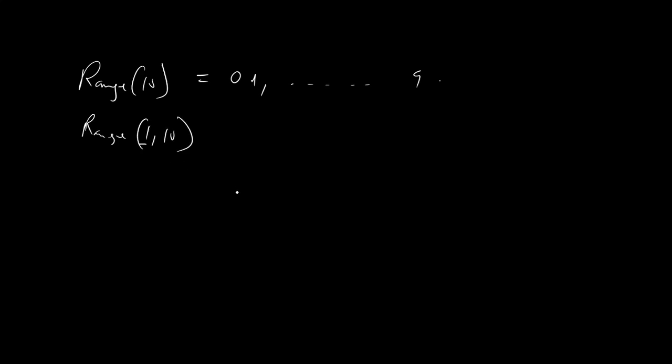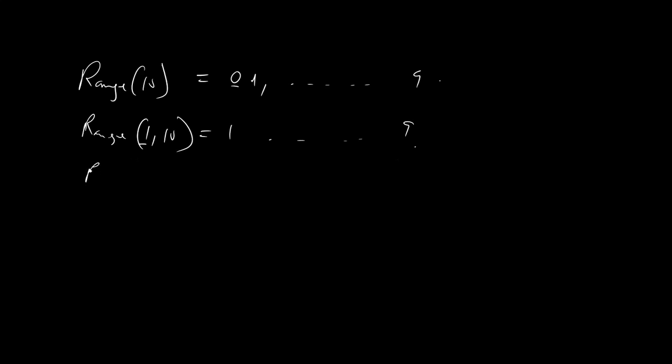It's just like range. If you have range 10, it means 0, 1 to 9. It will not get to 10. Now if you have range and you say 1, you specify where you want it to start. So instead of starting from 0, it will start from 1 to 9.